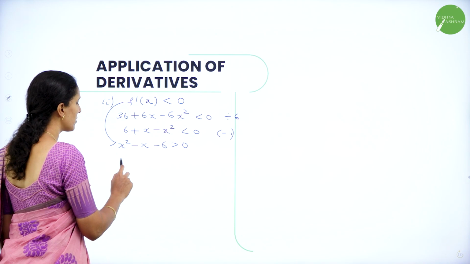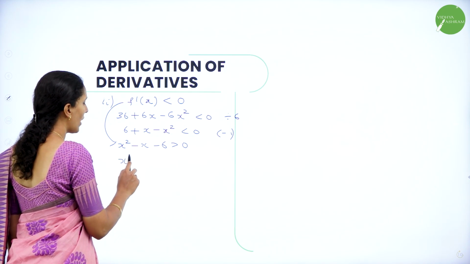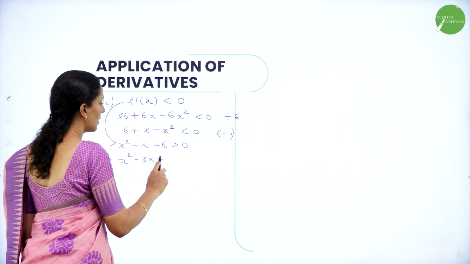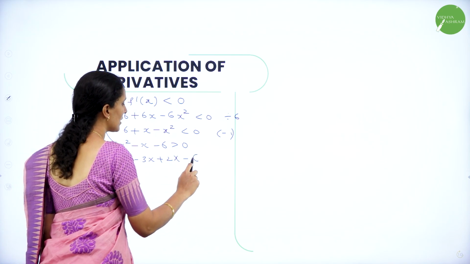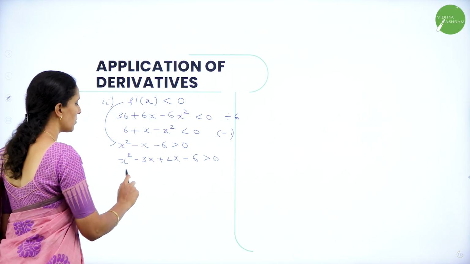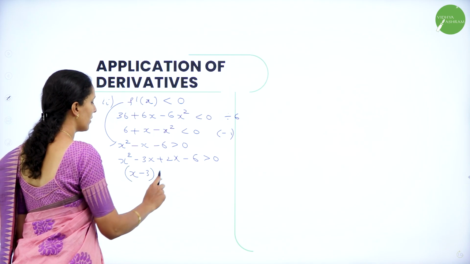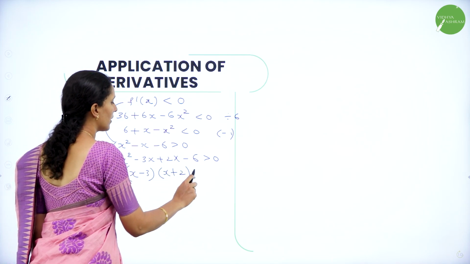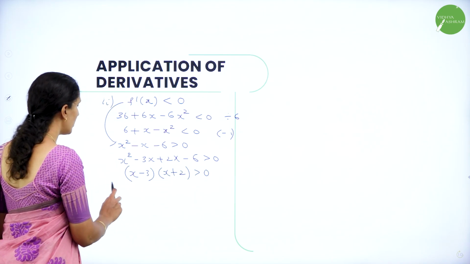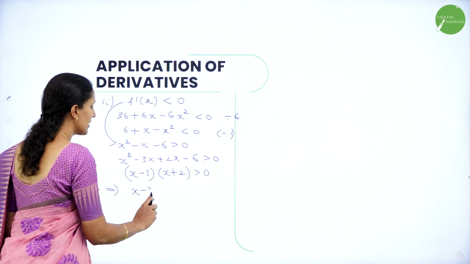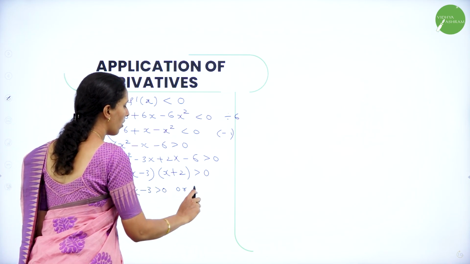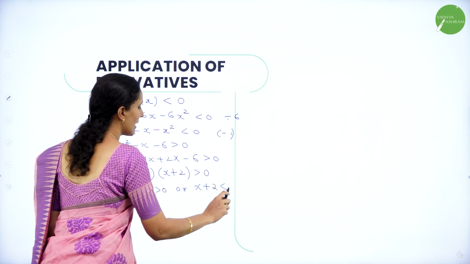Now again the same result, x square minus 3x plus 2x minus 6 greater than 0. So here we get x minus 3, x plus 2 greater than 0. So this implies x minus 3 is greater than 0 or x plus 2 is less than 0.